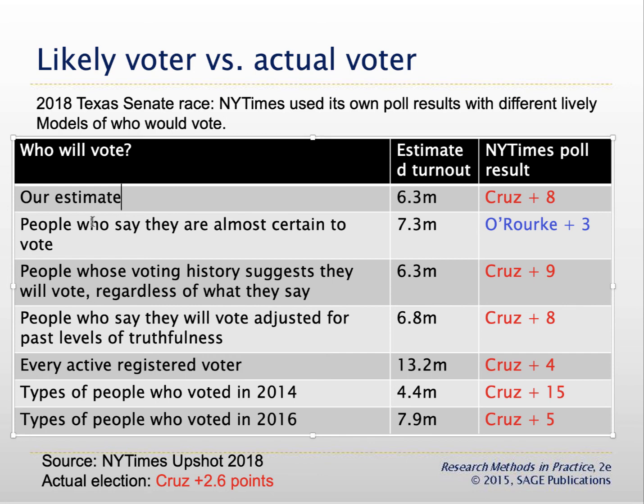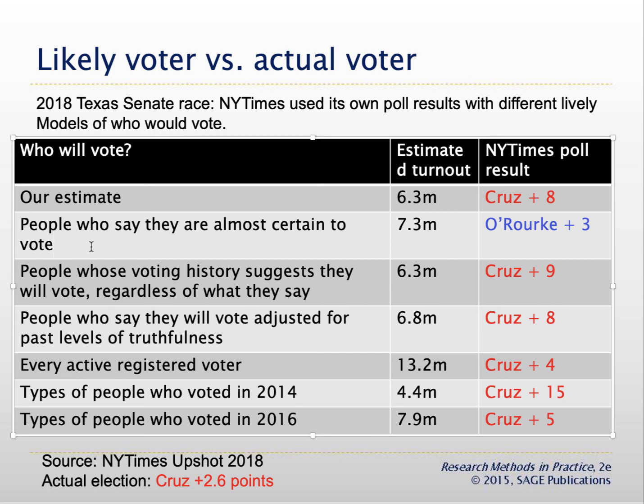So they have their own model, their estimate, and in their estimate, they predicted that there would be 6.3 million voters in the Texas Senate race, and that Ted Cruz would be ahead of Beto O'Rourke. Ted Cruz is a Republican in red, O'Rourke is the Democrat in blue, by 8 percentage points.